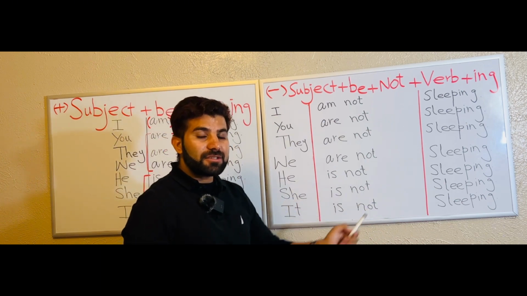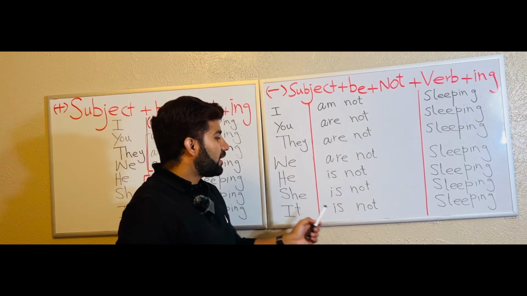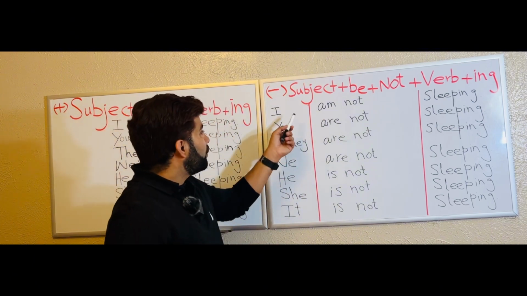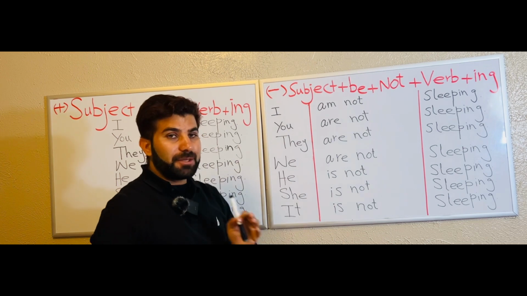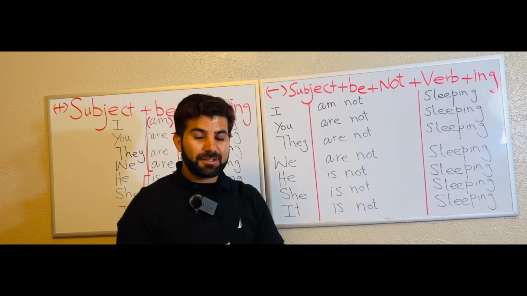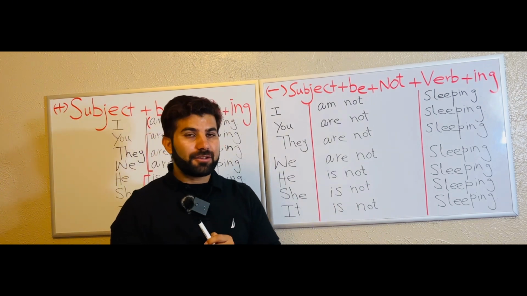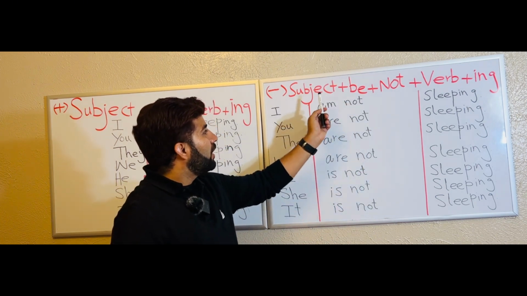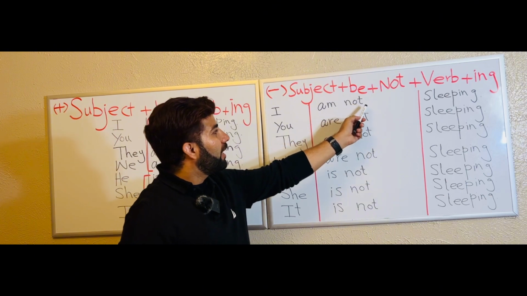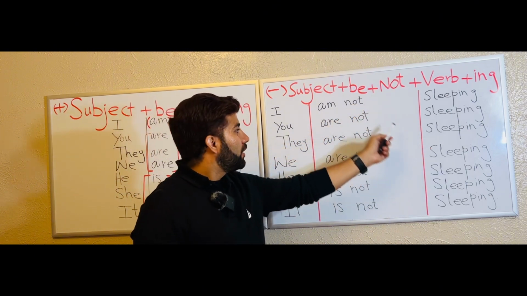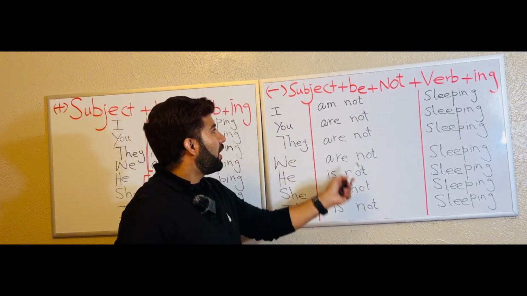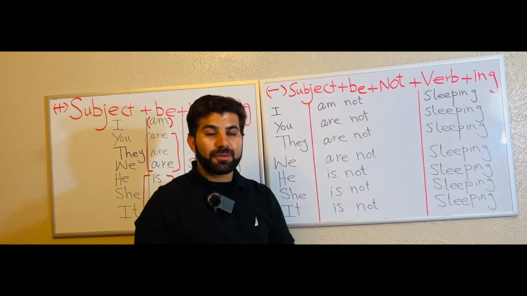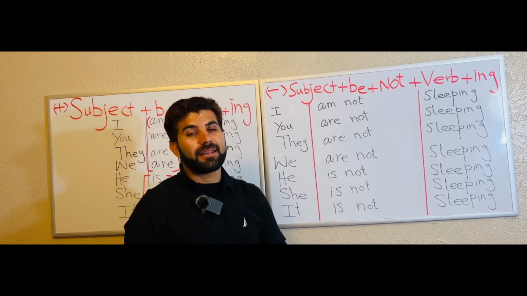She is not sleeping. It is not sleeping. So you see the difference between positive and negative. We just add not between be verb and action verb. You just add not behind the be verb, and that will convert your present continuous into a negative.